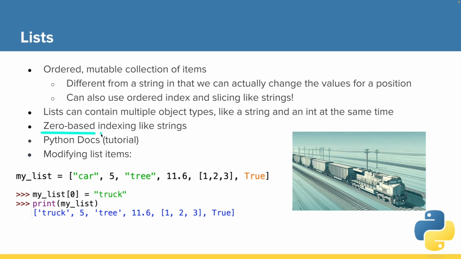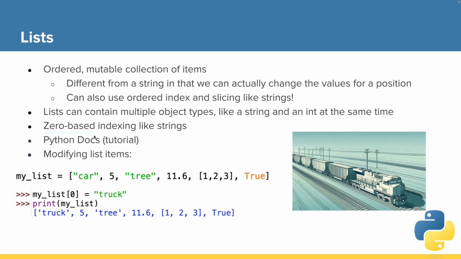They have zero-based indexing like strings. So remember, an easy way to remember lists and how to use them is that they're very similar to strings in a lot of ways. So my list 0 would be car. The first element in a list, just like the first character in a string, is 0.